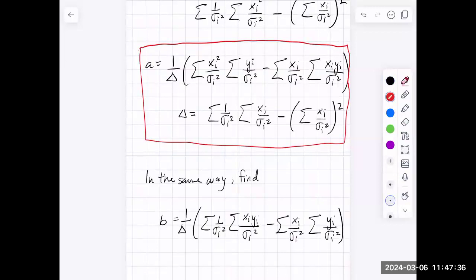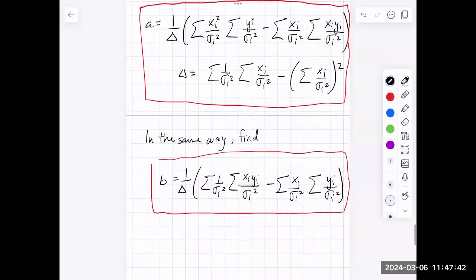And that is the slope. So these are the best fit parameters for a weighted linear fit.